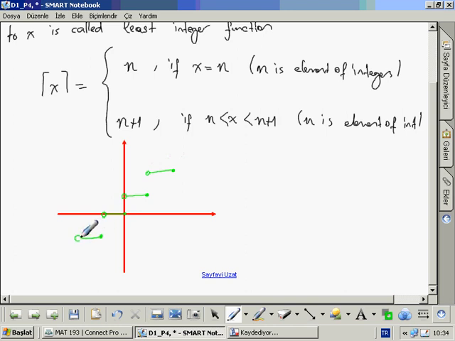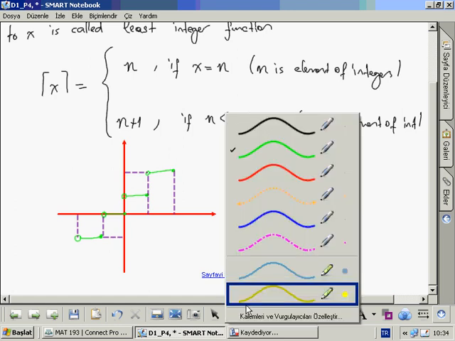I'll write the real values of them, please wait a moment.